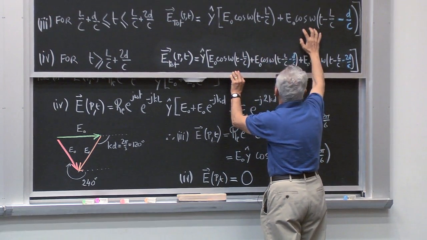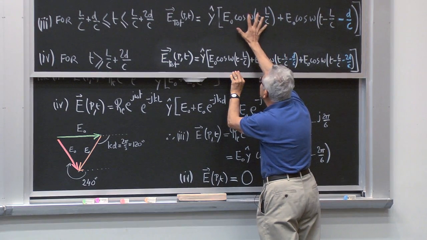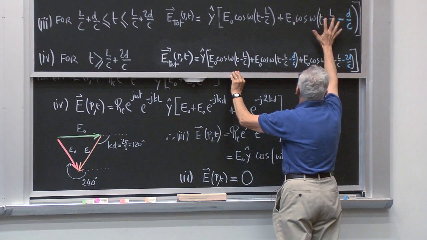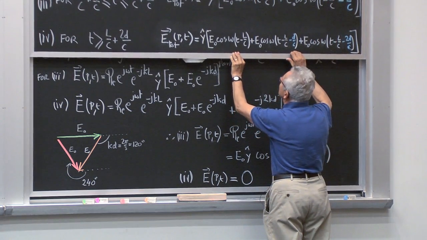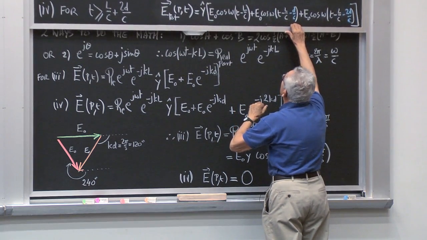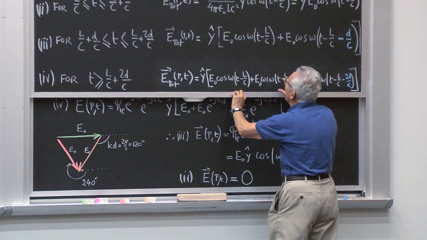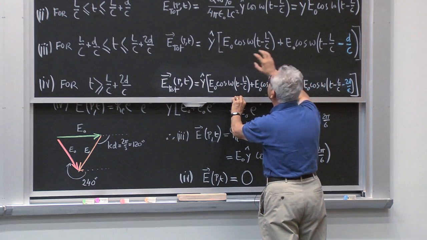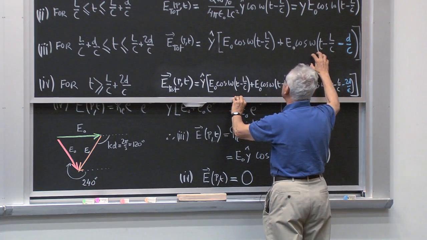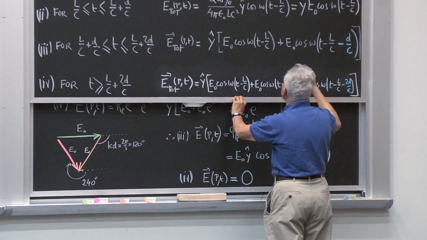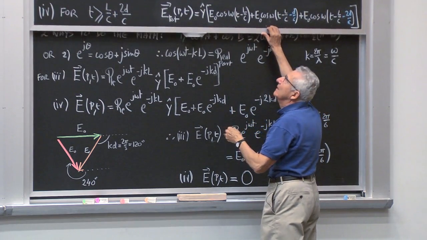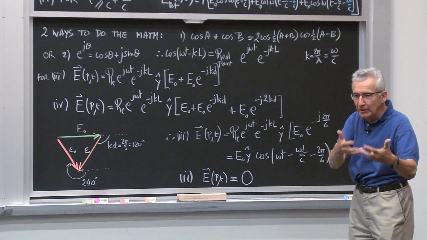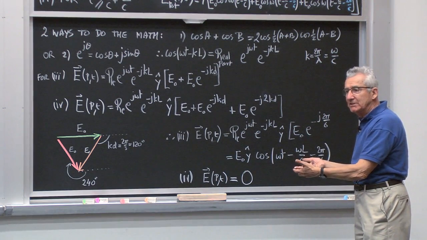Okay, I can do this for every term. If I want to add, let's say we're doing this one first, I want this to that. I can write this as the real part of a complex number, and I can write this as the real part of the complex number. What I will then do, I will first solve this. I'll do the addition by adding the two complex numbers, knowing full well that if I add the complex numbers, I will have in the process added the real parts and also the imaginary parts.